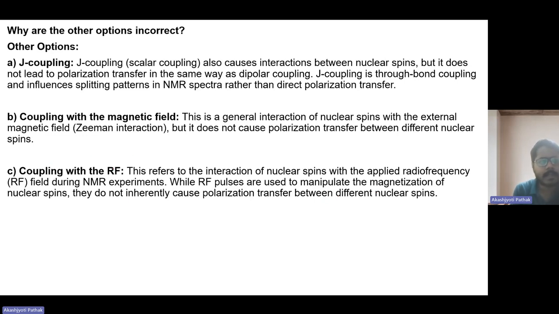This is the basis of resonance in nuclear magnetic resonance: when the frequency of the radio frequency pulse matches the frequency of the nuclear spins, the orientation of the nuclear spins changes.